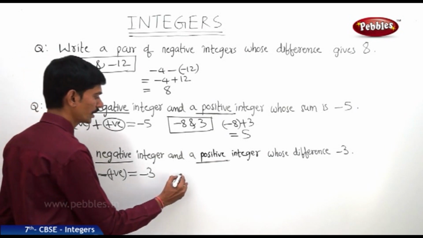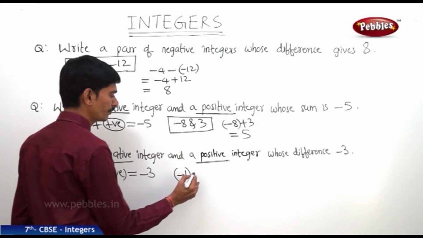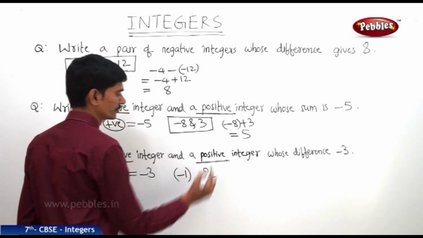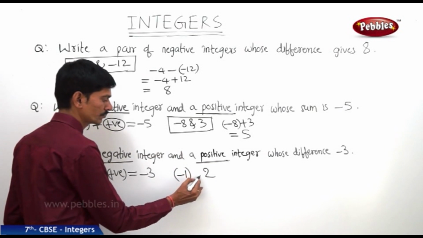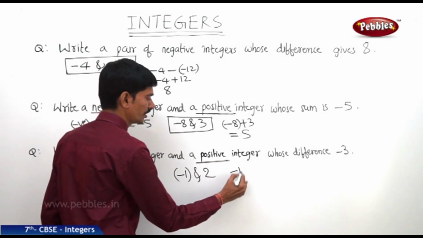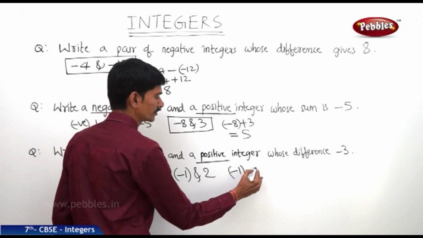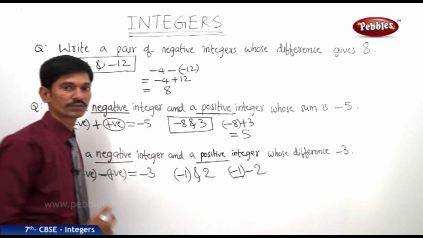So first we will take the negative integer as -1 and the positive integer as 2. Then what is their difference? -1 minus 2. So -1 is the negative integer and 2 is the positive integer.